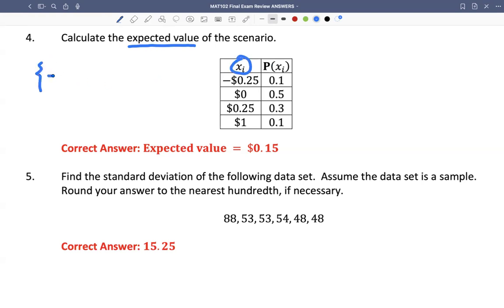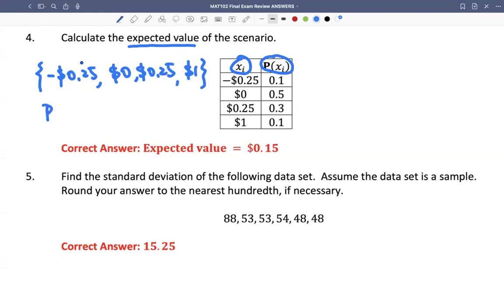We're given negative $0.25, so negative quarter. Then we're given 0, then 0.25, a quarter, and $1. So we're given this set. Then the second row is the probability of each one, right?